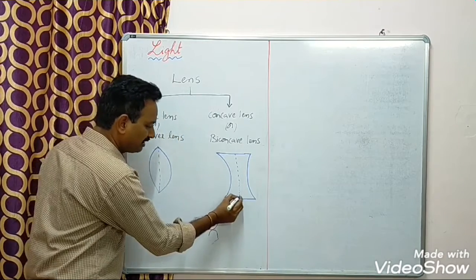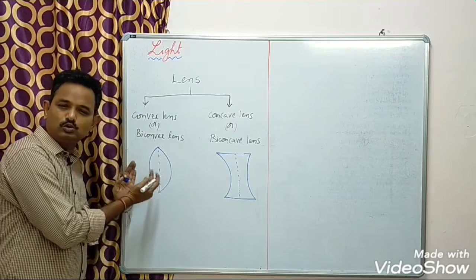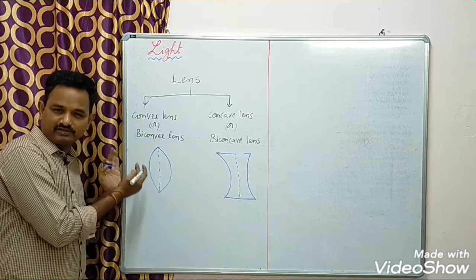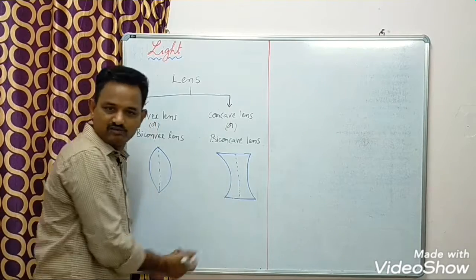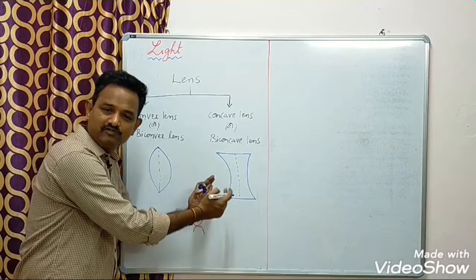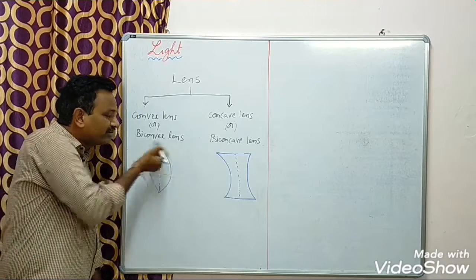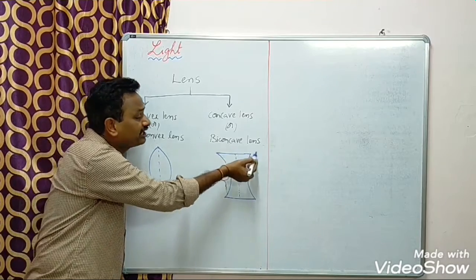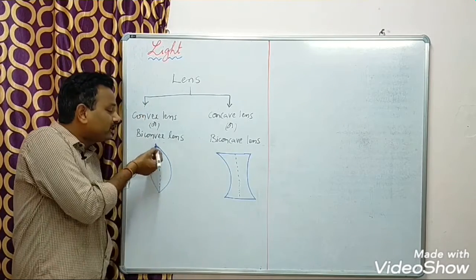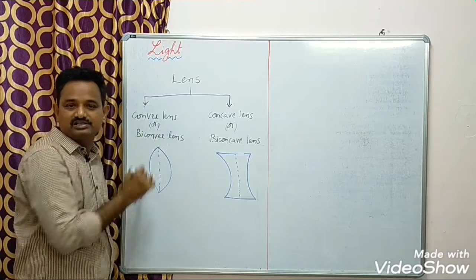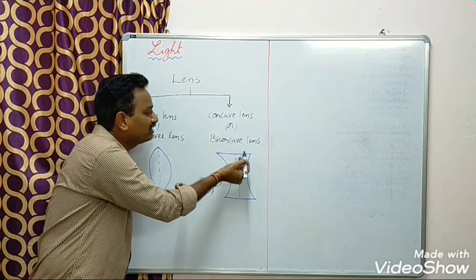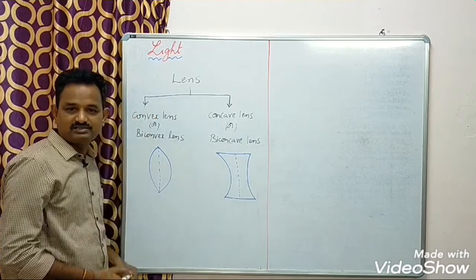So here we combined two monoconvex lens and here monoconcave lens. So combinedly formed biconvex lens here and biconcave lens here. So here biconvex lens, another name convex lens. Here biconcave lens, another name concave lens.